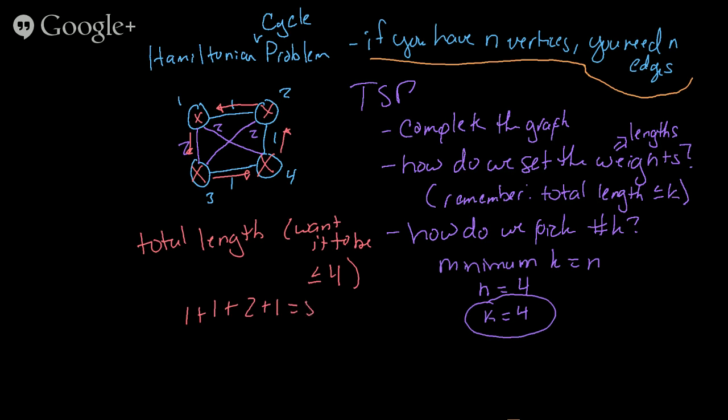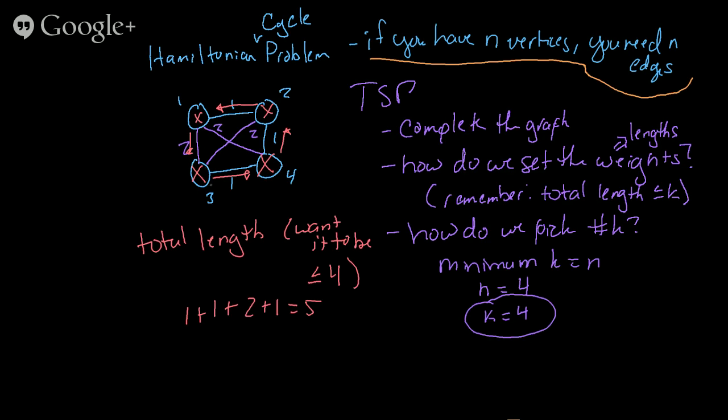And that, unfortunately, equals 5. And if you weigh the edges like this, where all of the original edges were 1 and all of the edges that you add in were 2, for this particular graph, you are never going to get a Hamiltonian cycle or a solution to the traveling salesman problem that gives you a k, or a total length, of less than or equal to 4. So I hope that sort of helps you get started in the right direction.